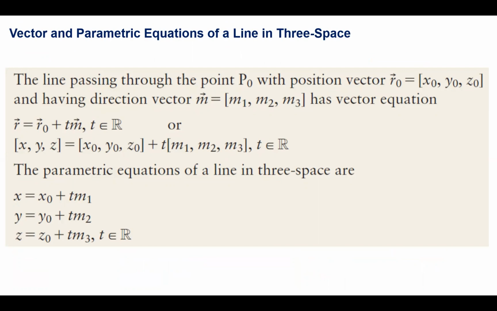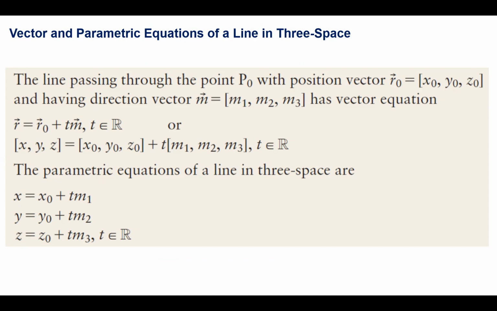Okay, remember that we can define a line using a vector equation and parametric equations in two space, right? Similarly, we can also define a line in three space using a vector equation or using parametric equations. So first, let's have a look at the concept of vector and parametric equations of a line in three space, which is very similar to the cases in two-dimensional space.